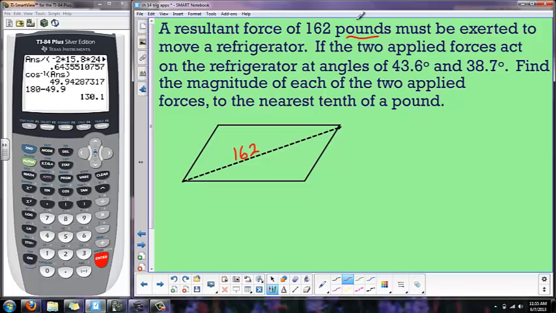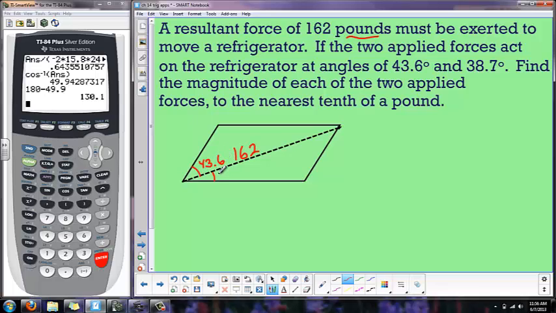A resultant force of 162 pounds must be exerted to move a refrigerator. If the 2 applied forces act on the refrigerator at angles of 43.6 degrees and 38.7 degrees. So it's saying that this angle is 43.6 because that's the bigger one.